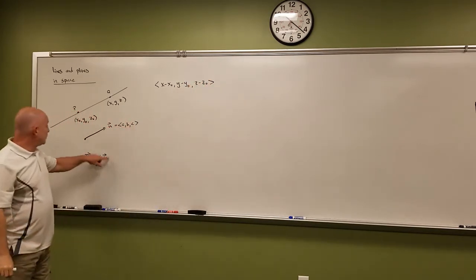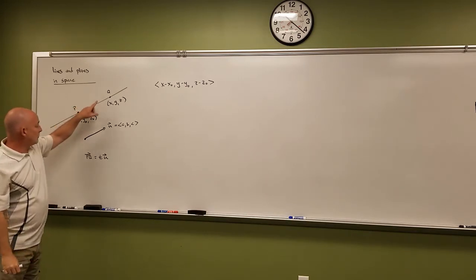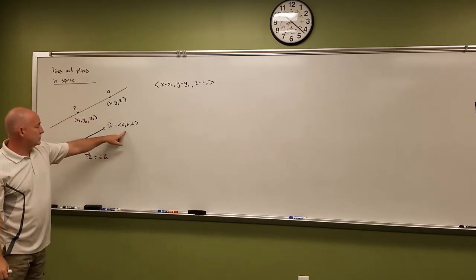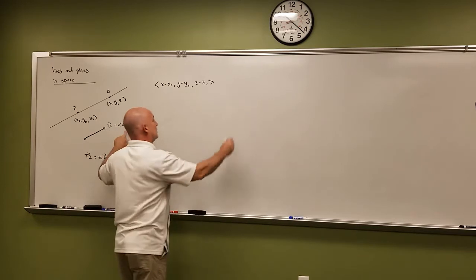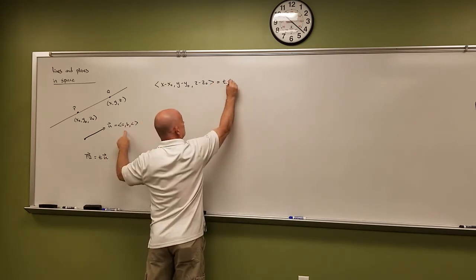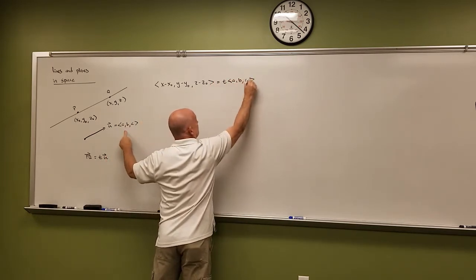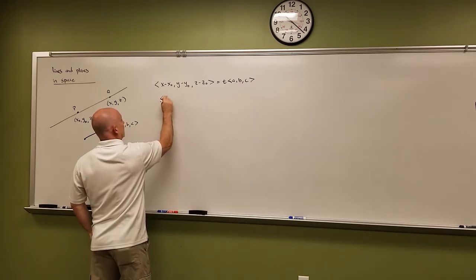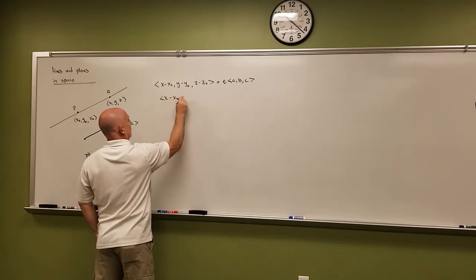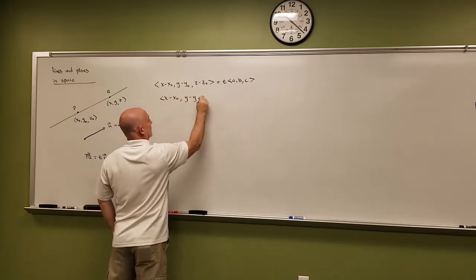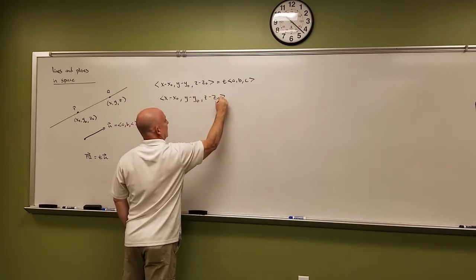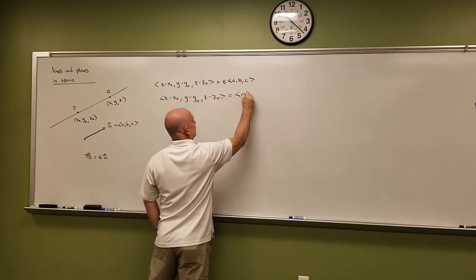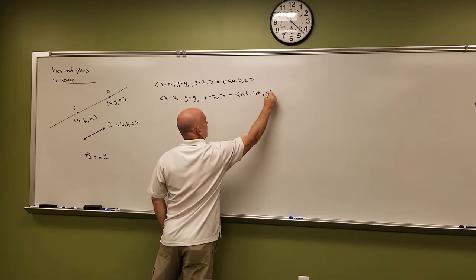We said u is pointing in the same direction as our line, so I'm going to put in the a, b, and c. So that would be t times a, b, c. That means that x minus x naught, y minus y naught, z minus z naught has to be equal to at, bt, and ct.